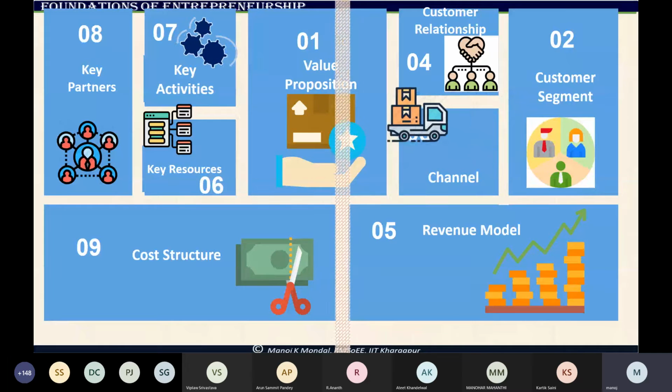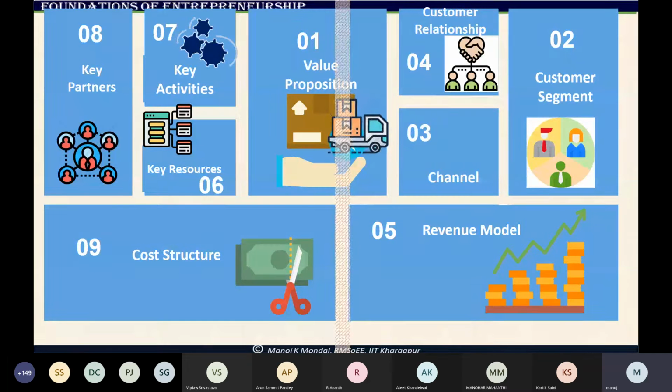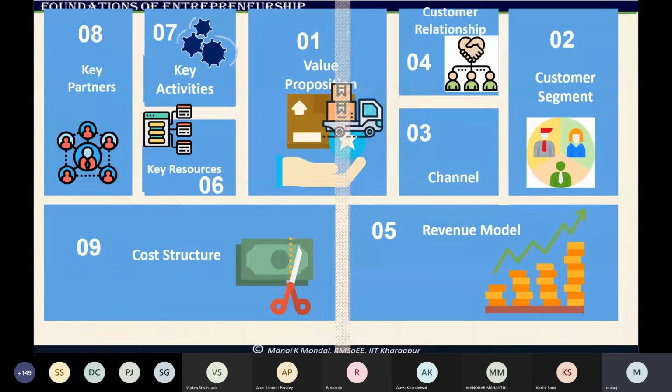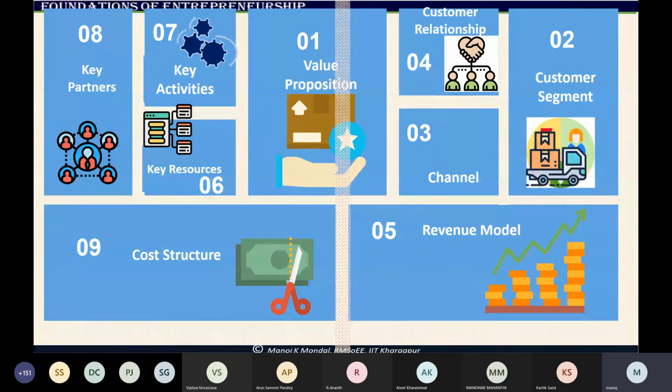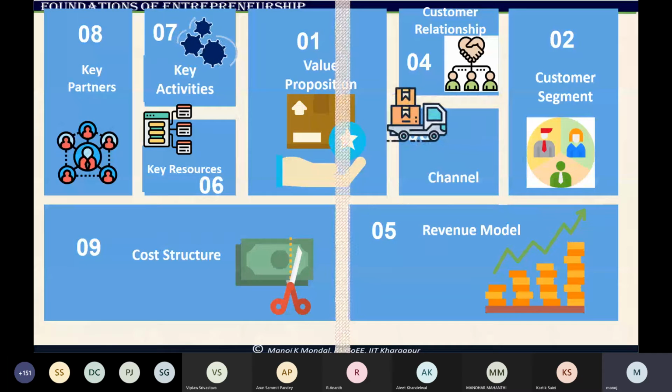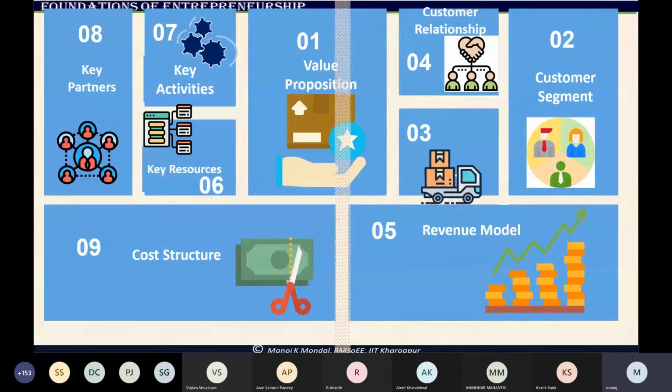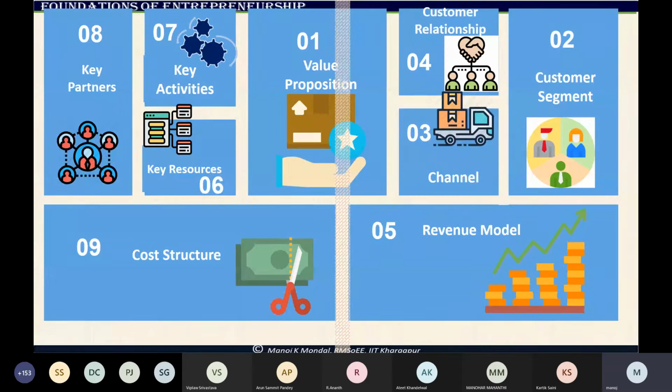And at the bottom of our right side, in the process of giving the value to the customers and maintaining long-term relationships, they give us money, and that is revenue. After revenue, let us go to the left side. On the right side is how we disseminate or dispense the value. On the left side is how we create the value.